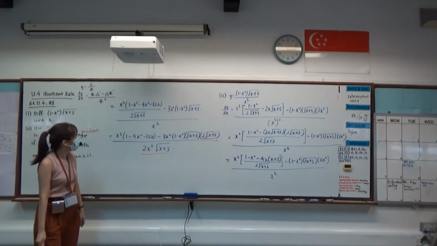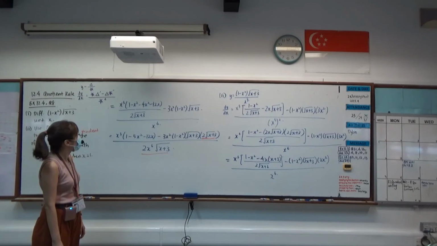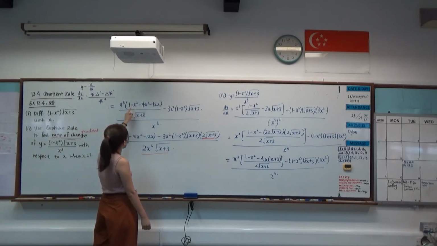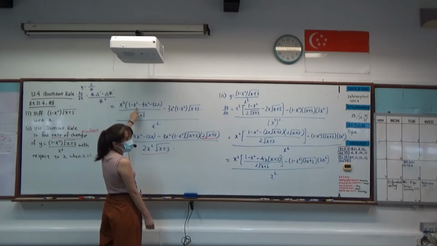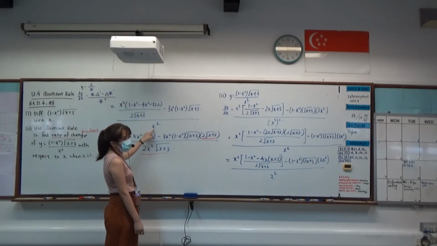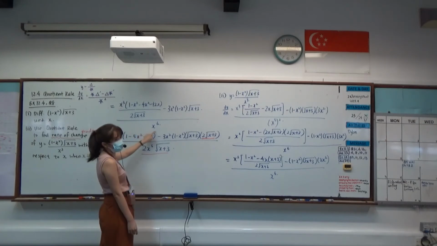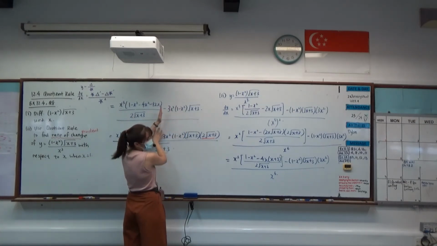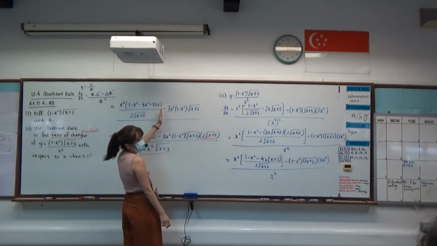Did I make a mistake? Where? Sorry? This thing? The whole thing? Why? This whole thing divided by x power 6. Then you want to simplify that here. Then I need to break it into 2 fractions. This one I need to have it over x power 6.